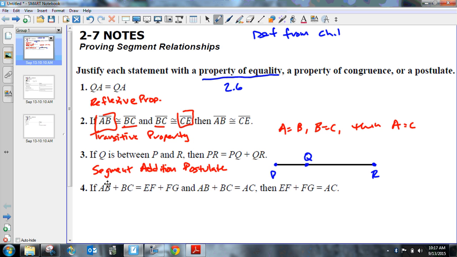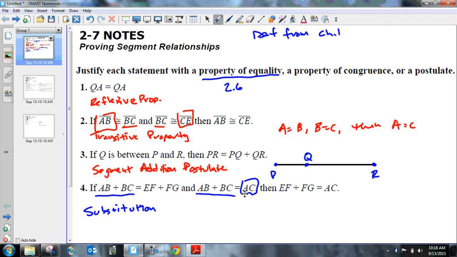And so then, let's take a look at number 4. It says, if AB plus BC is equal to EF plus FG, and AB plus BC is equal to AC, then EF plus FG is equal to AC. Okay, this is substitution. And what it says here, it tells me that AB and BC is equal to AC.